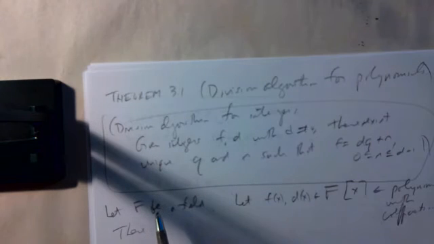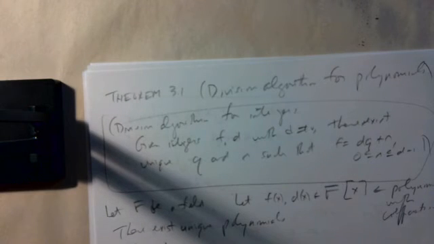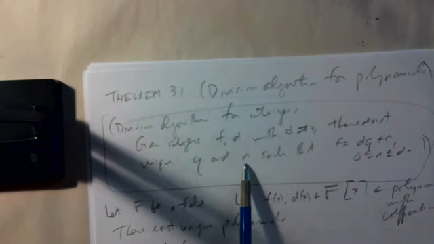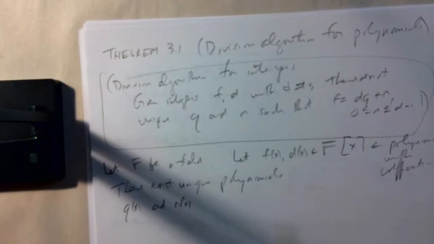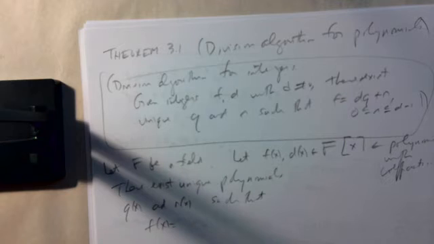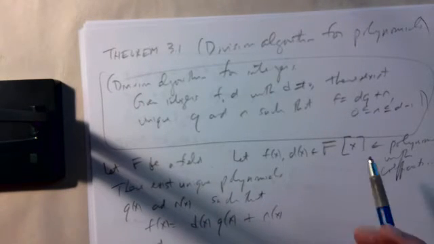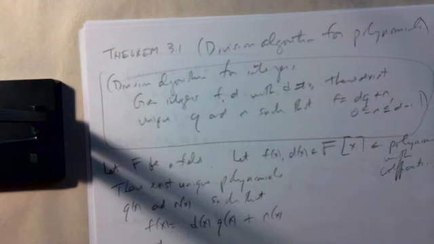There exist unique polynomials q of x and r of x. These are just like the quotient and the remainder when you're dividing integers, such that f of x, the polynomial, when you divide by d of x, you get d of x times this quotient q of x plus the remainder r of x. And what makes everything unique is the condition on the remainder.